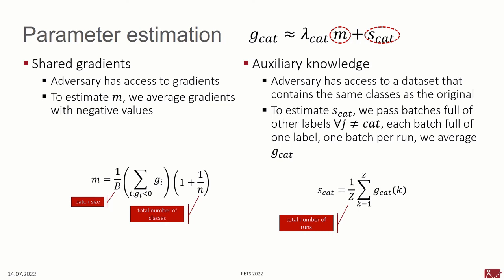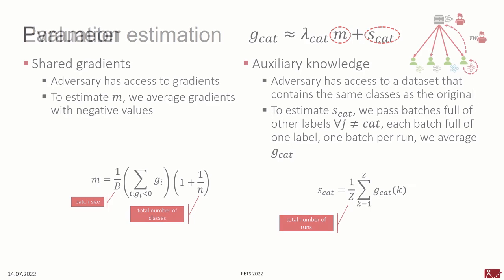We do that several times and take the average of the cat gradient. Now, based on these parameters, we proposed an algorithm to extract the labels, and I invite you to have a look at the paper to see the details of the algorithm.